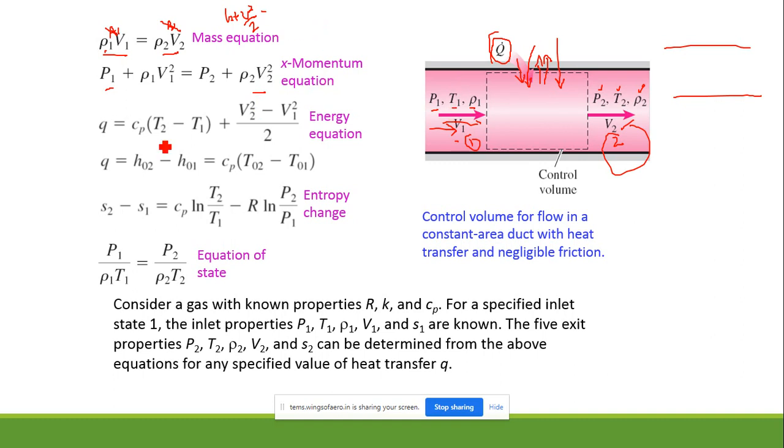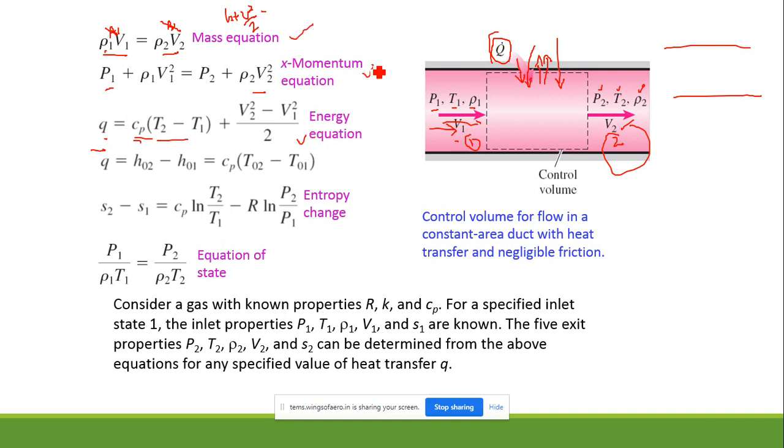We are adding heat to the system, so q comes into the picture, and for h we write cp into T. Therefore the equation becomes q equal to cp into (T2 minus T1) plus (v2 square minus v1 square) divided by 2.